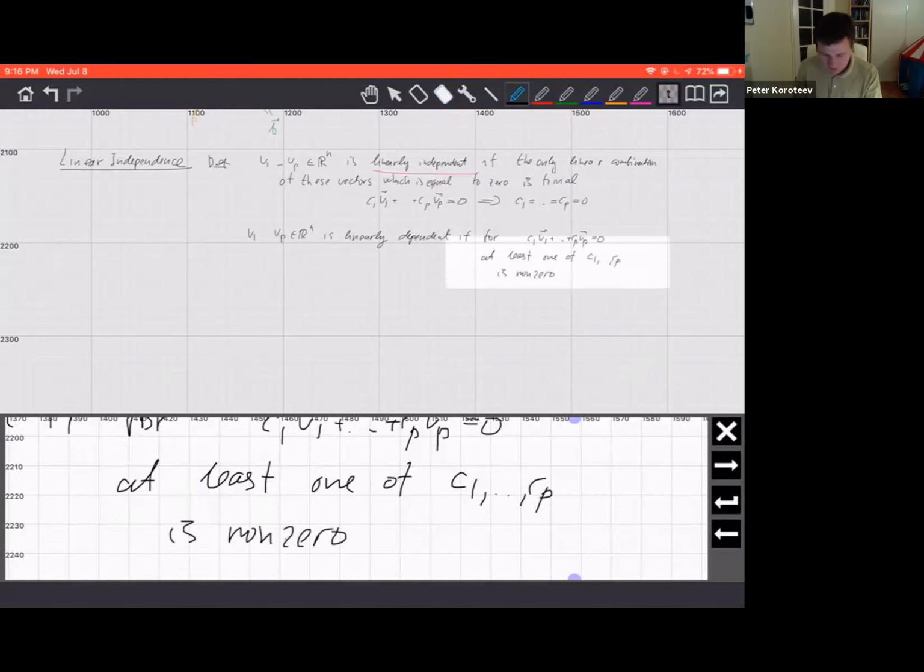So in other words, there is a non-trivial linear combination which is equal to 0.